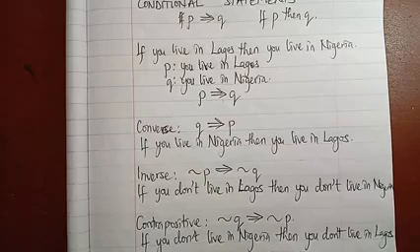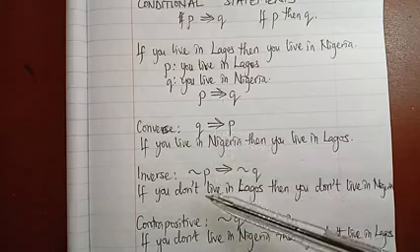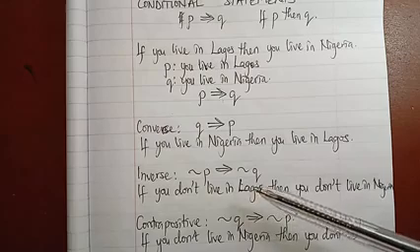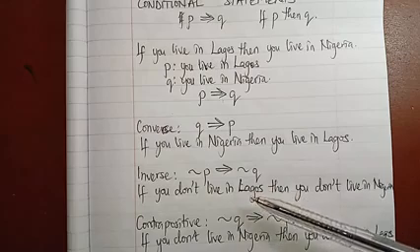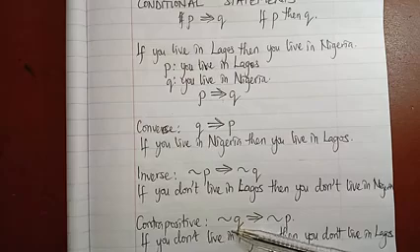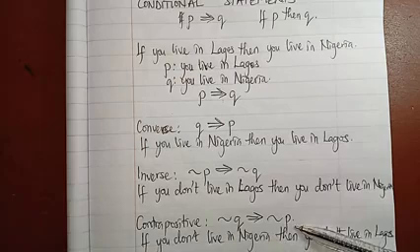We can see that the conditional statement and the contrapositive statement are both true, while the converse statement and the inverse statement are both false. And it follows with other examples of conditional statements. Usually, the conditional statement and the contrapositive statement always return the same value. Like if the conditional statement is false, then the contrapositive statement will also be false.